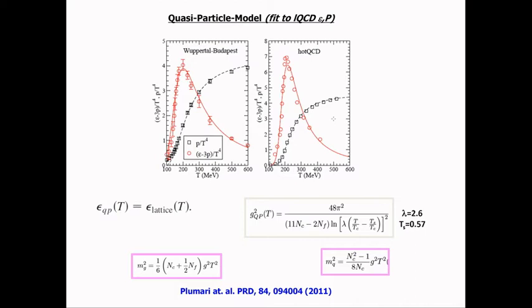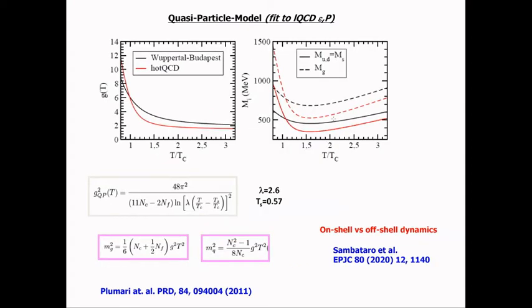In fact, we fit both the lattice data from the Wuppertal-Budapest group as well as the HotQCD collaboration, but the values noted here are mainly for Wuppertal-Budapest. This is the quasi-particle model we implement in our calculation to compute the heavy quark transport coefficient. This is the variation of the coupling constant obtained within the fit, and this is the temperature variation of the light quark and gluon masses.